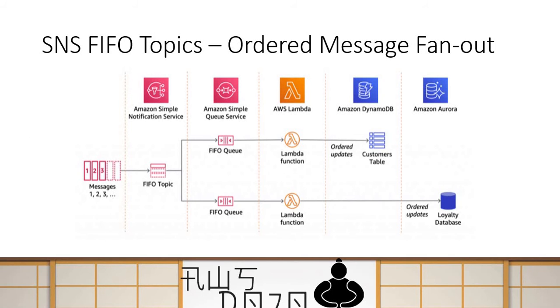So the way this whole flow works, guys, if you want to go for ordered processing of messages using an SNS topic, this is the pattern available right now. You can send your ordered messages to your FIFO topic, and then your FIFO topic can have multiple subscribers, and it can have multiple FIFO queues as subscribers.